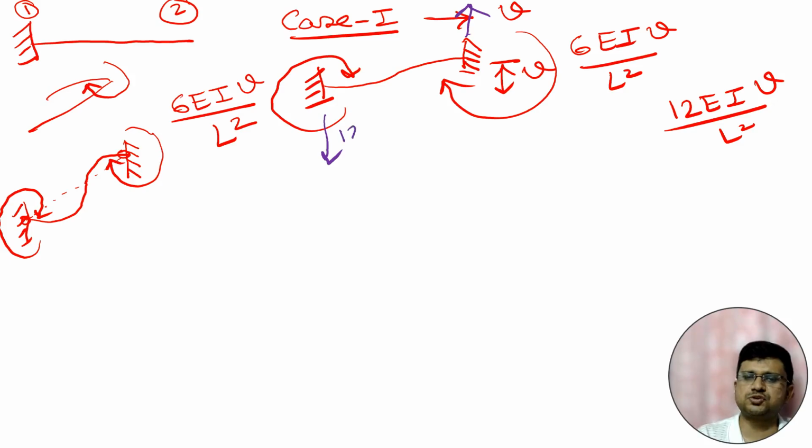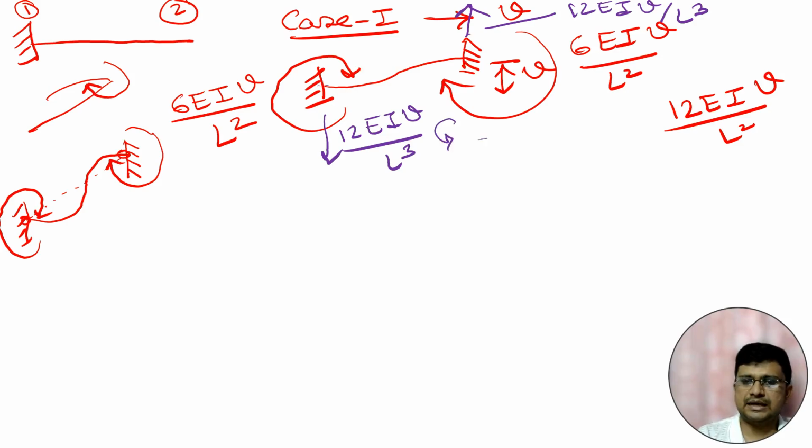Now if the reaction force is 12 EI V by L cube, then these two forces will also generate a moment of 12 EI V by L cube into their lever arm, their distance. The distance of these two forces is also L. So the moment due to this force will be 12 EI into V by L cube into L. So it will also be 12 EI V by L square, and it will be anti-clockwise in nature.